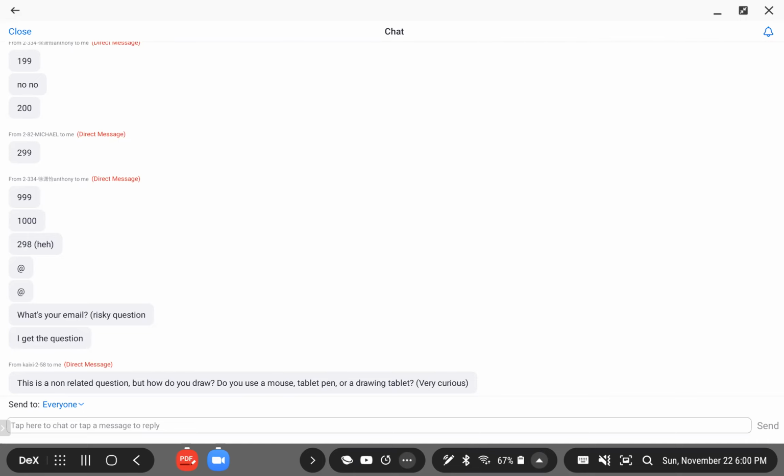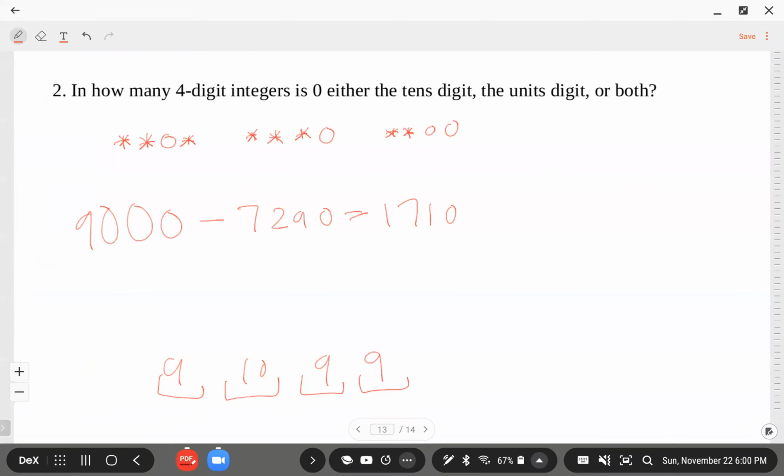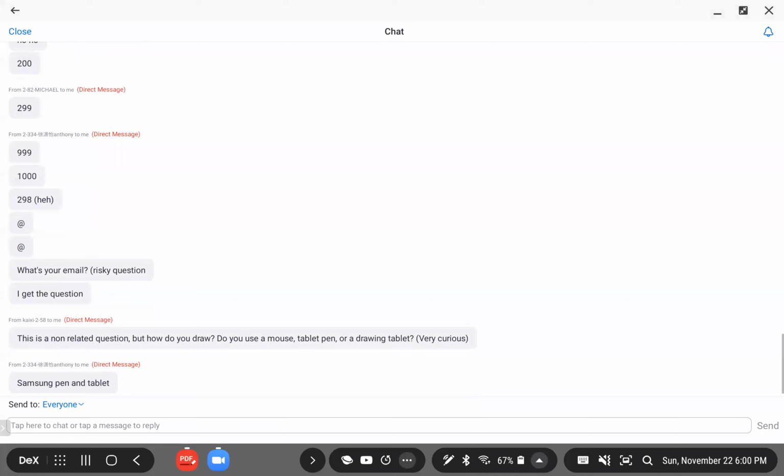You see here I'm on a PDF, a write-on PDF, and it's like an Apple pen. iPads have this feature as well.